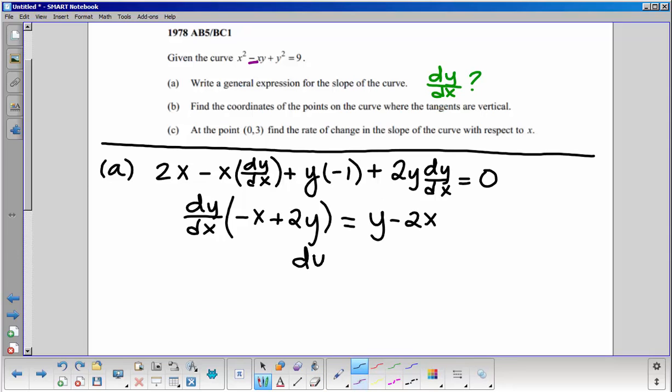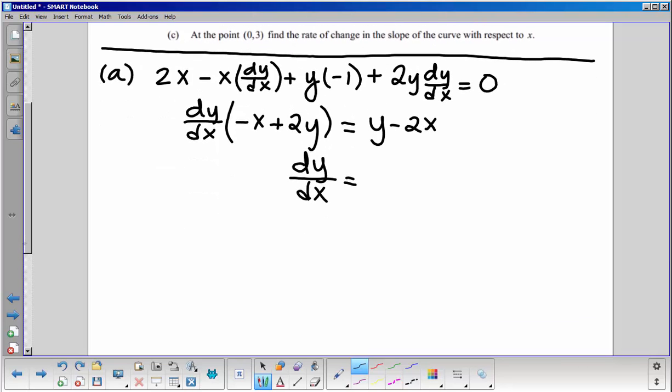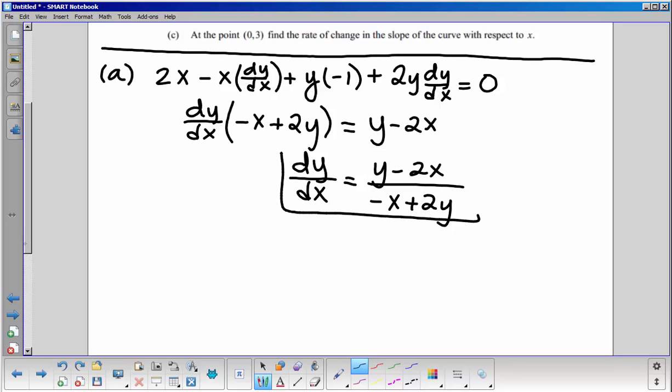And then we get dy dx equals y minus 2x over negative x plus 2y. There you go. That's probably 2 out of the 9 points. That's good. Yeah, 5. All right.